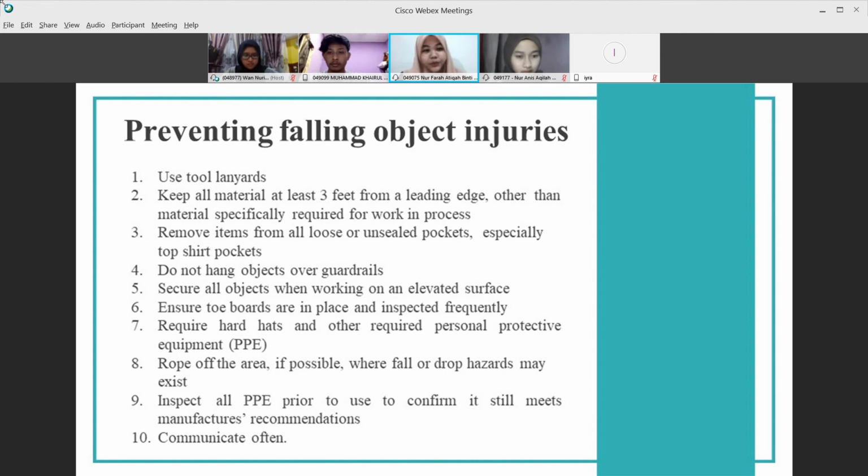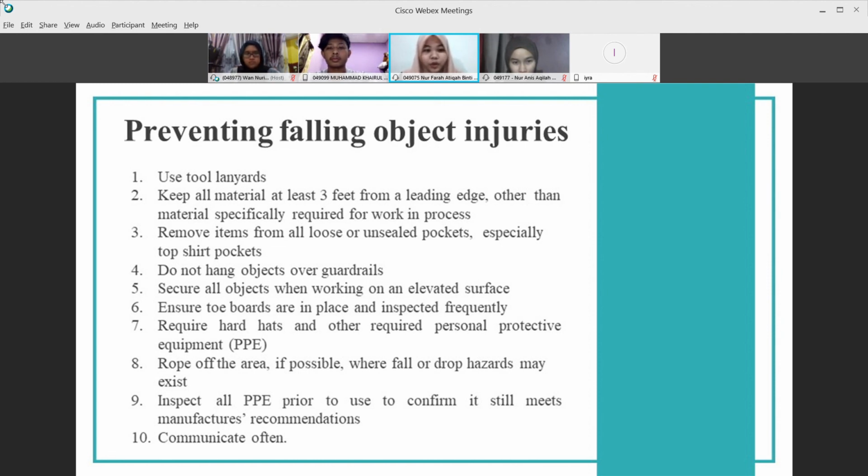Number 4, do not hang objects over guardrails. Number 5, secure all objects when working on an elevated surface. Number 6, ensure toe boards are in place and inspected frequently. Number 7, require hard hats and other required personal protective equipment, PPE.